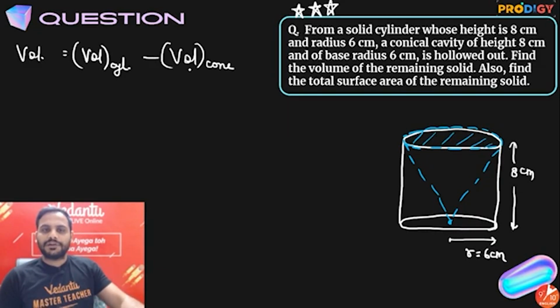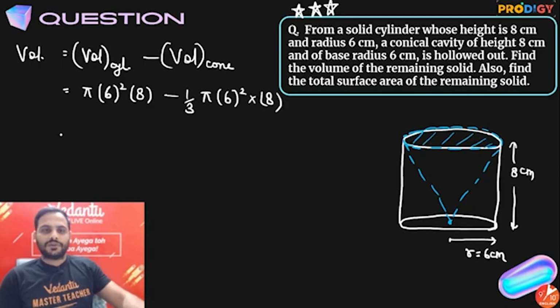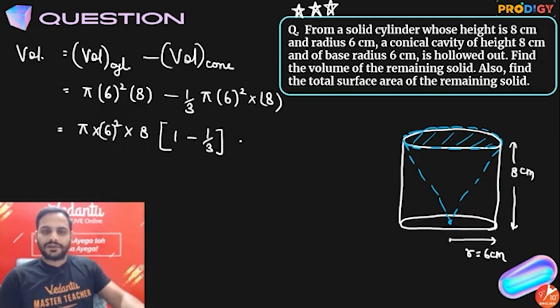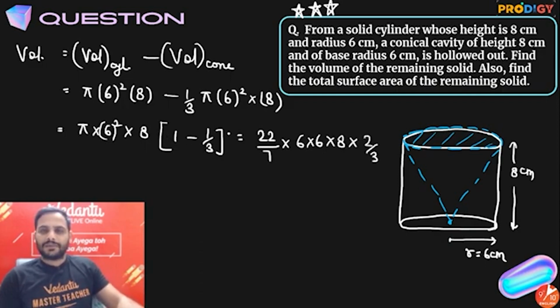That is pi r square h minus 1 by 3 pi r square h. Taking pi into 6 square into 8 common, you are left with 1 minus 1 by 3, which is 2 by 3. So you'll get 22 by 7 into 6 into 6 into 8 into 2 by 3.